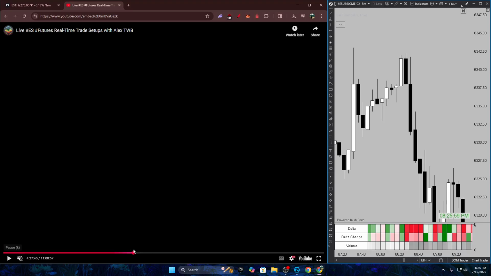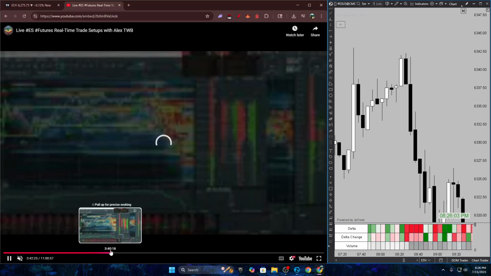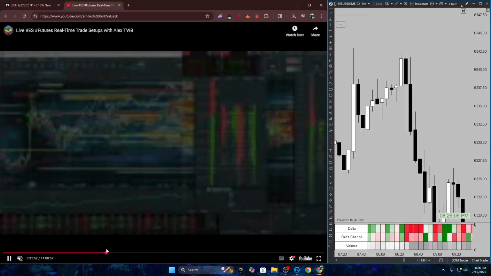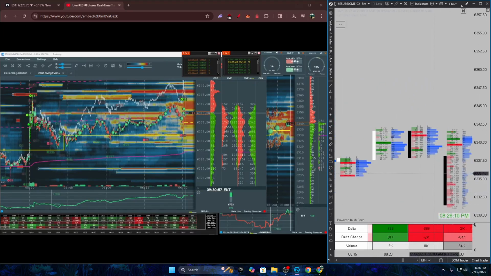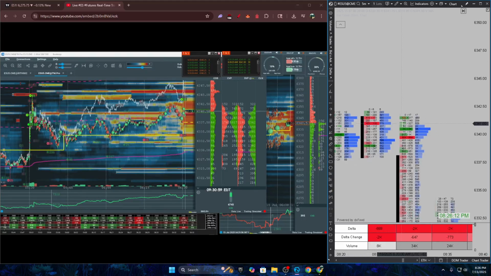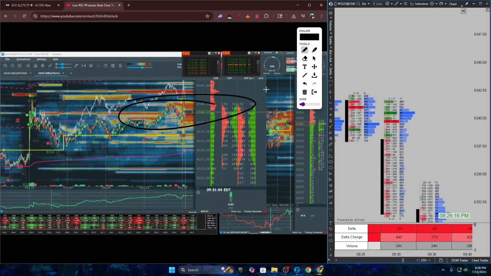So let's go to that 9:30 EST time. Let's zoom in on the footprint as well. 8:30 here. So right at market open, we're revolving around this liquidity. All-time highs, I would assume, would be there. So that's where there's a lot of liquidity.